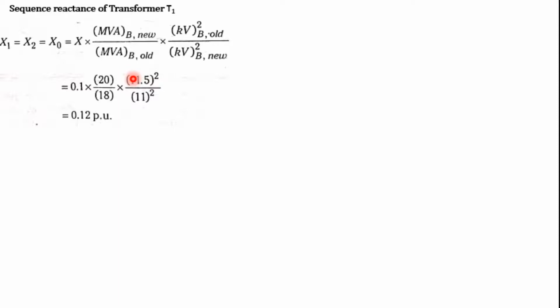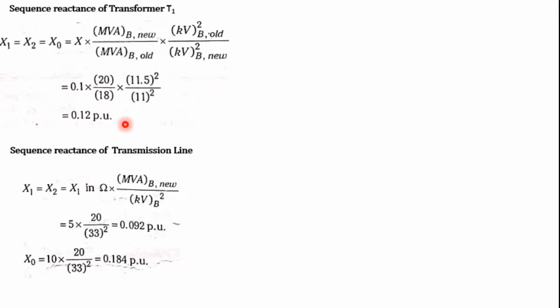However, you can consider the transmission line side as well, so there is no doubt in that. Consider this is the old value given on the transformer, for the primary side of the rating it is 11.5 and the new value is 11 kV. This is squared, so we'll get 0.12 per unit.